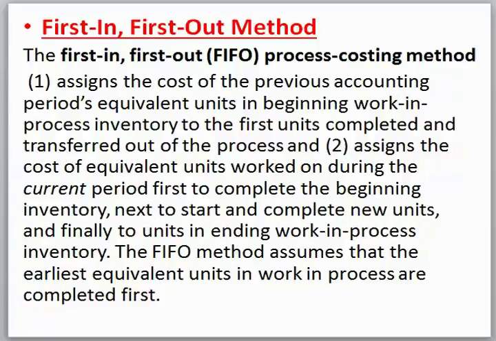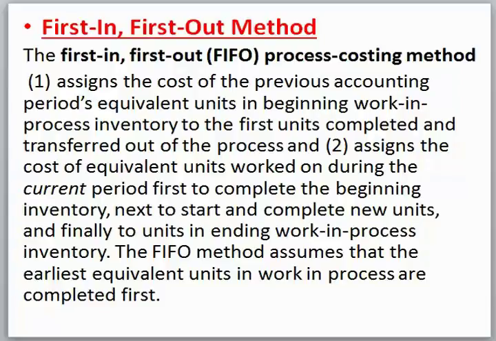The first in, first out process costing method, number 1, assigns the cost of the previous accounting period's equivalent units in beginning work in process inventory to the first units completed and transferred out of the process.